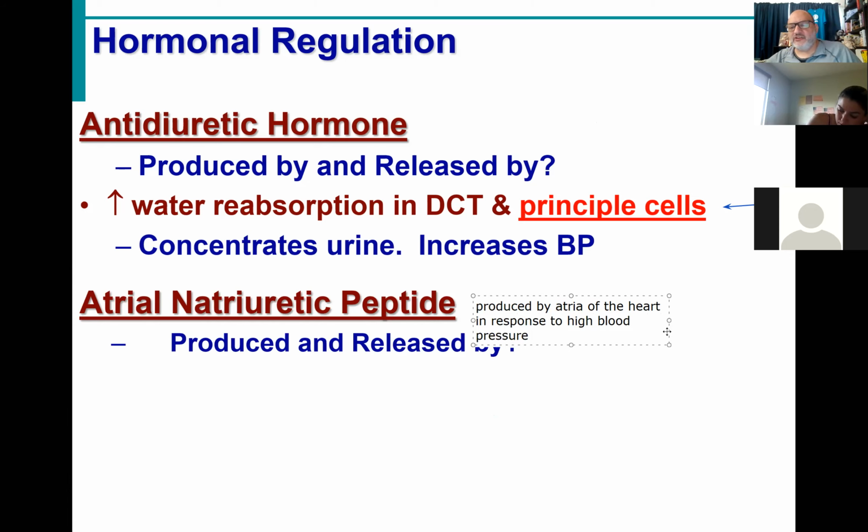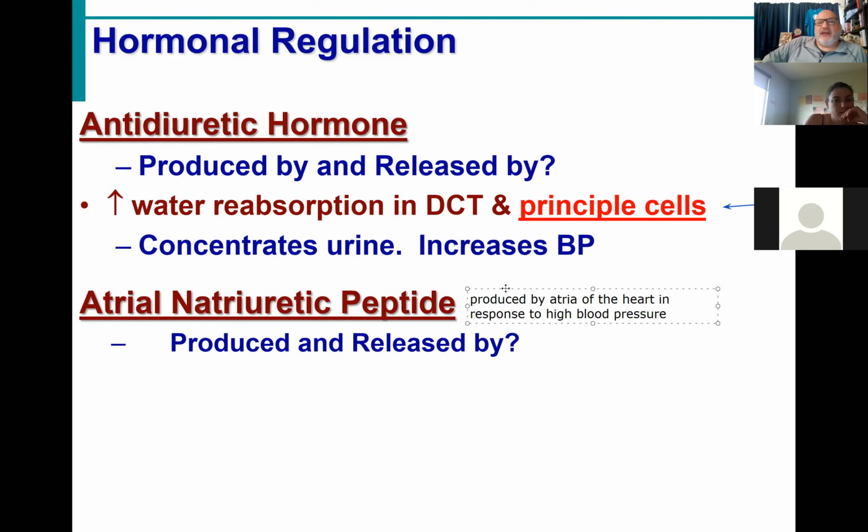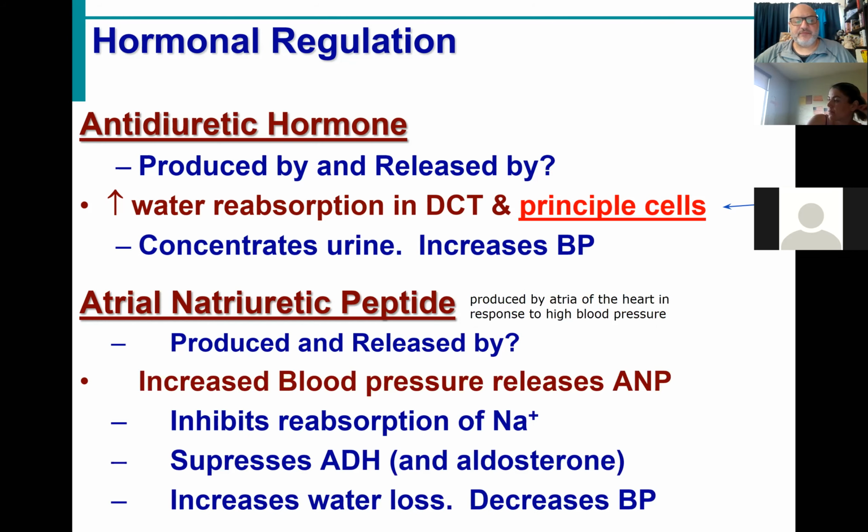As we talked about way back in the cardiovascular system, the blood, when it returns to the atria, should be at a blood pressure of about 0. If it is not, then the atria produce and release this atrial natriuretic peptide.